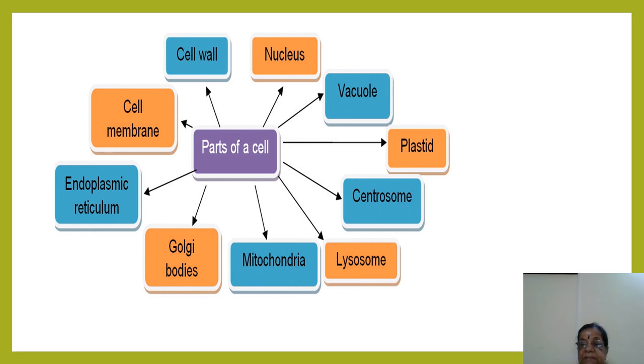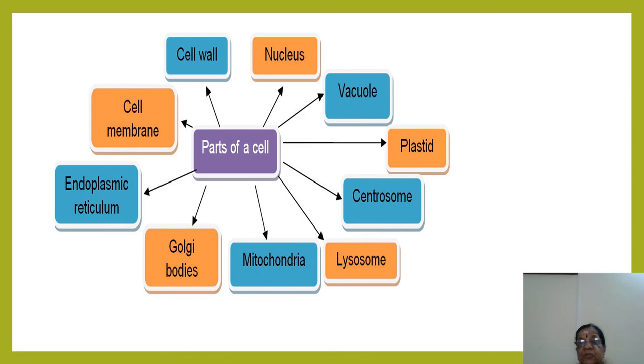What are organelles? A membrane bound structure present in the cytoplasm is called cell organelle. Those cell organelles are vacuole, plastid, centrosome, lysosome, mitochondria, Golgi body and endoplasmic reticulum. These are the parts of the cell or cell organelles.